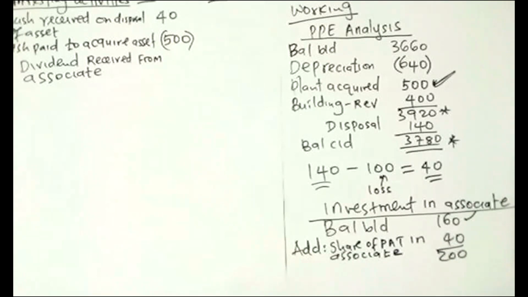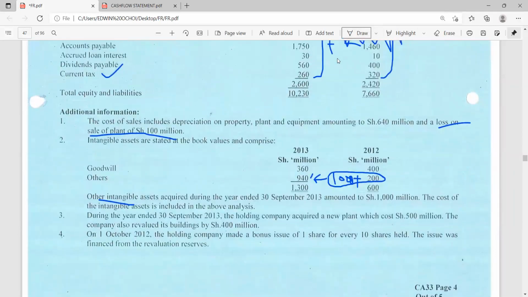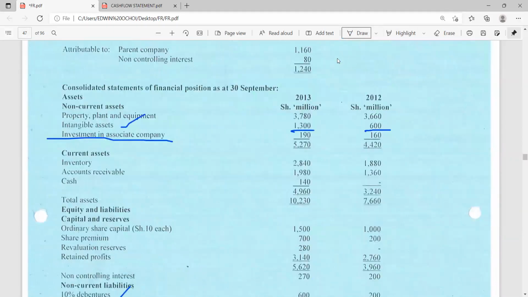But now the balance carried down is here. The investment in associates, 190, under non-current assets.